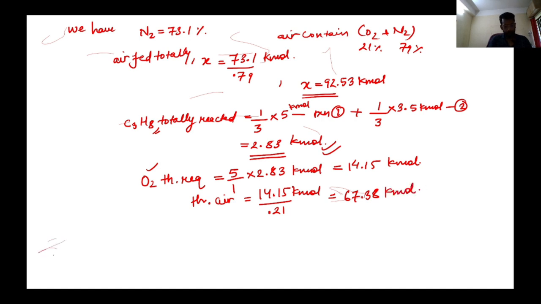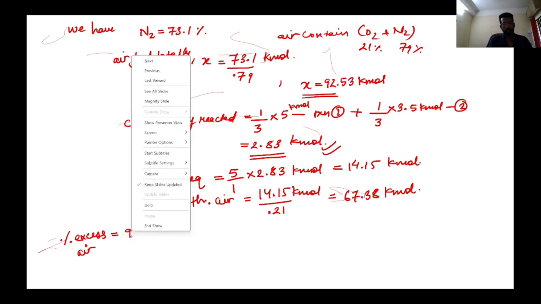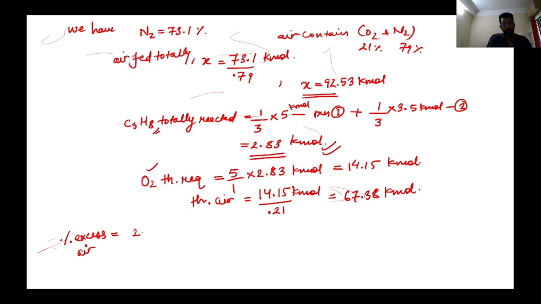What is the formula? Percentage excess air is equal to air fed total, that is 92.53, minus theoretical air required, 67.38, divided by 67.38.